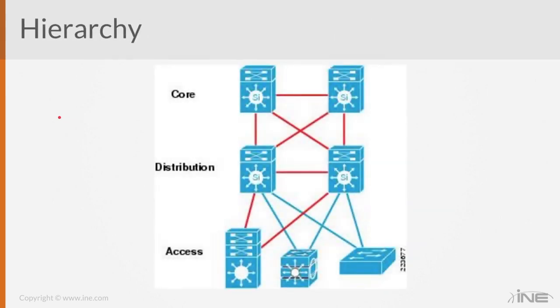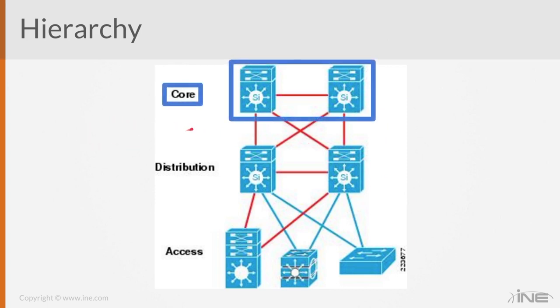Hierarchy. Well, if we look at this design, we have 3 blocks here. But even though we have only 3 blocks, we have a couple of devices. The first block, the one on top, is called the core.